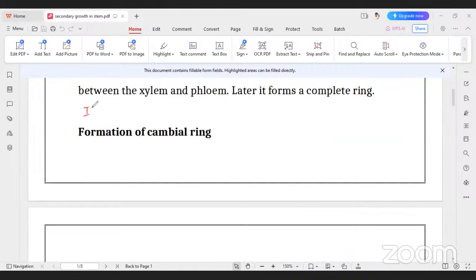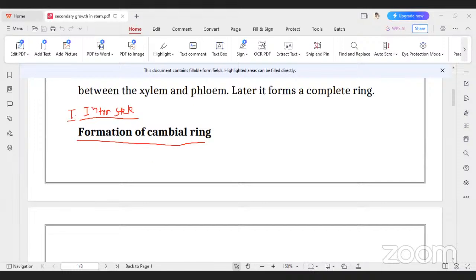Intrastelar, intra stele. This is the first step. What happened? Let's see the intrastelar region. Formation of cambium ring, first one.